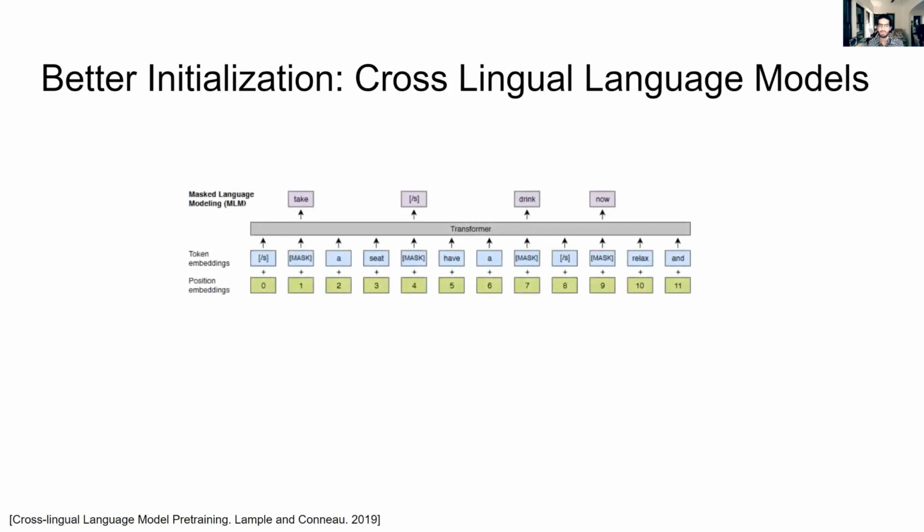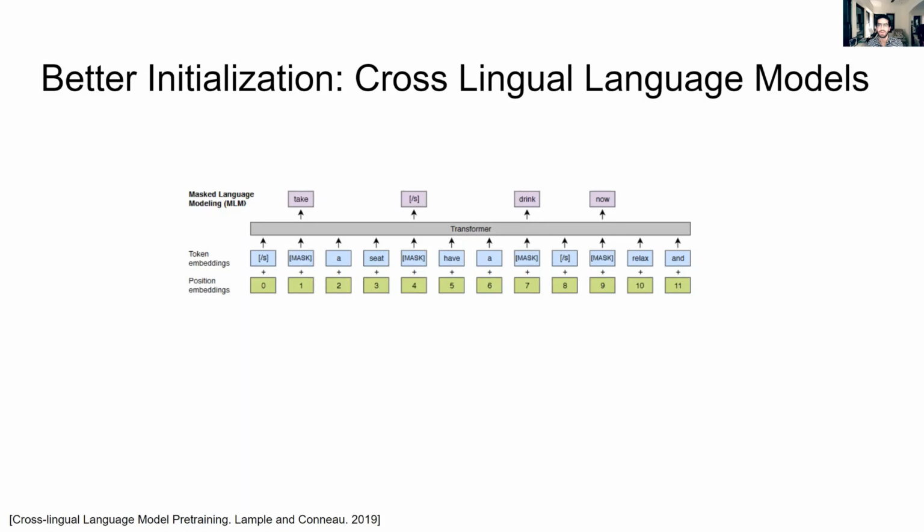So you start with just a BERT-like model. If you're doing masked language modeling, you have a sentence, you mask some of the words in the sentence randomly, and then the model tries to predict those masked words. That's masked language modeling. It's been shown to work very well in a lot of monolingual tasks.